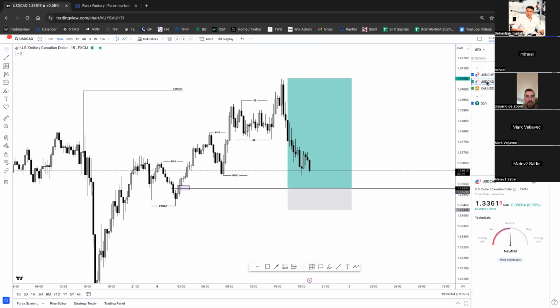I have USD CHF, USD CAD, and gold. So those are my main pairs. I added gold for this year. If you want to analyze the Euro USD, GBP USD, whatever it may be, just reply in the comments so I can see, and we're gonna go through that as well.